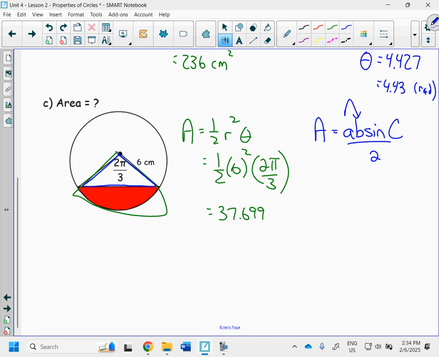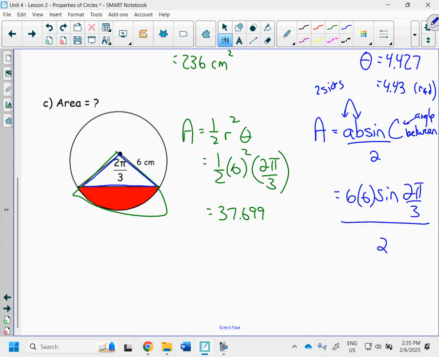These are two sides, any two sides. This is the angle between. So 6 times 6 times the sine of 2 pi over 3, all divided by 2.